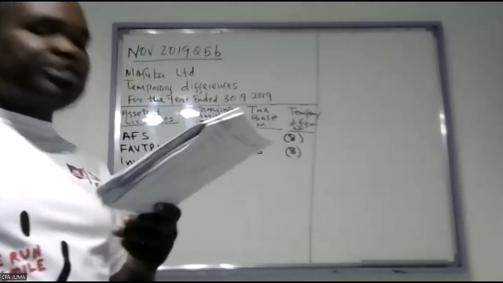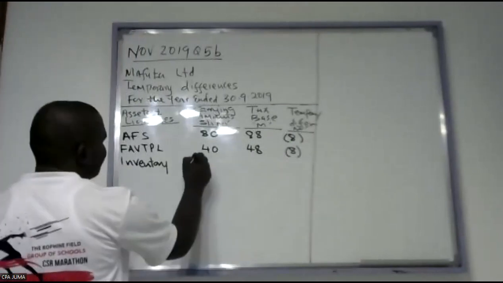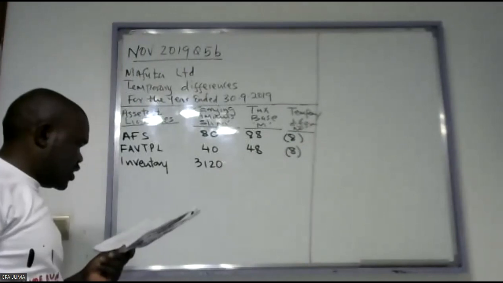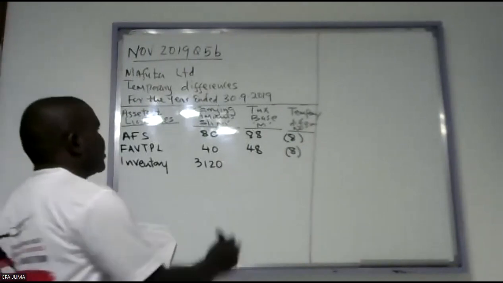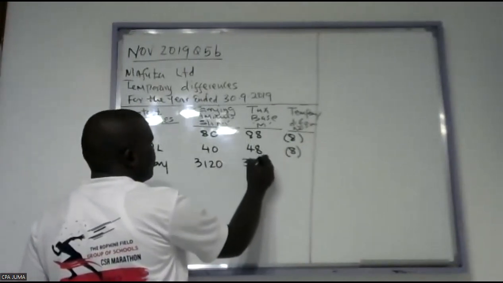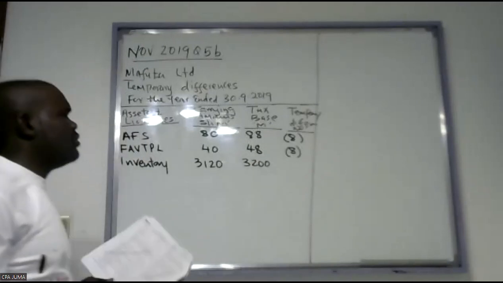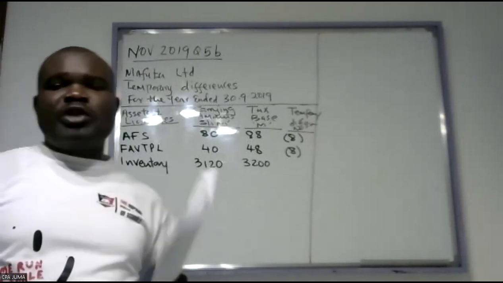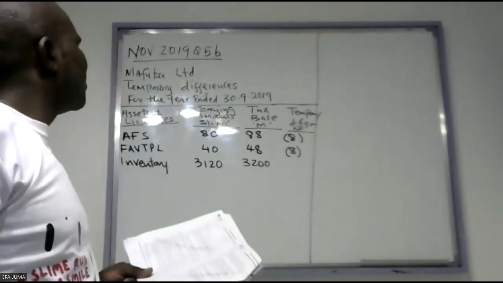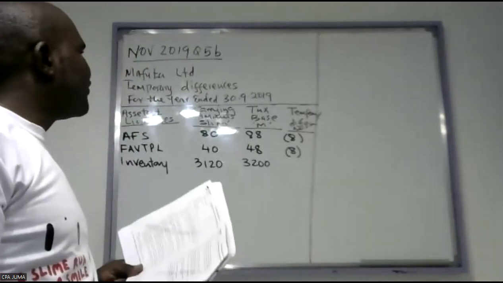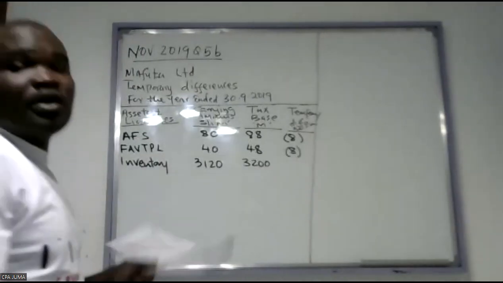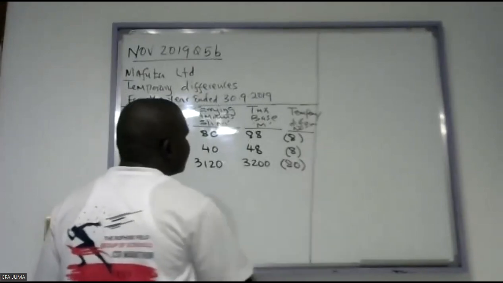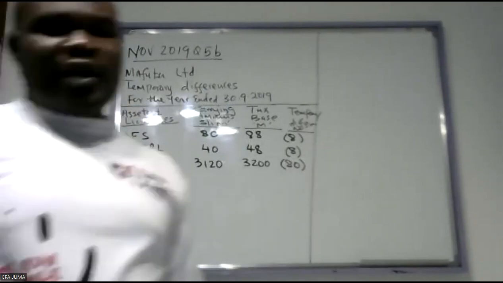So the book value is the net realizable value, which is 3120. Then the cost is 32. That is a difference of how much? It is 80. So we are reporting a temporary difference of 80, which is also negative there.